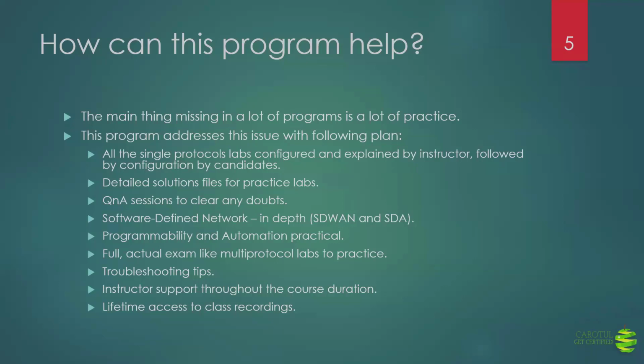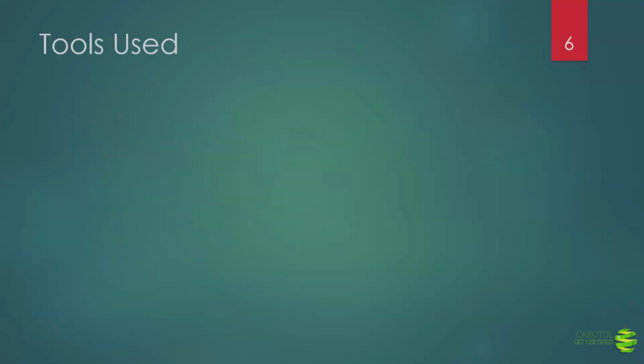So what tool do we use for CCIE? As far as the tools are concerned, we are using EVE-NG on VMware. EVE-NG is a free software which allows you to emulate routing and switching devices. So it's an emulation software, means it doesn't just mimic the routers or switches.